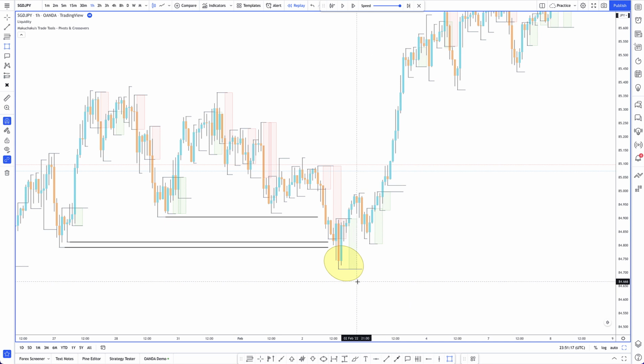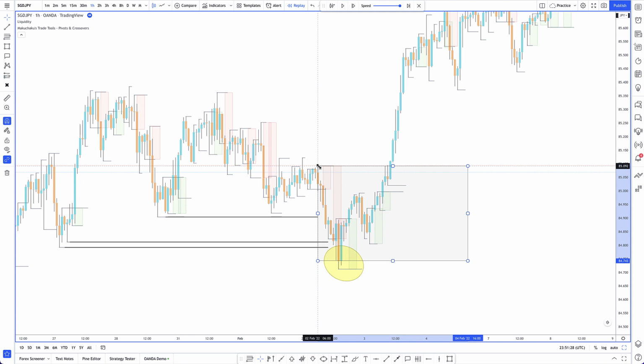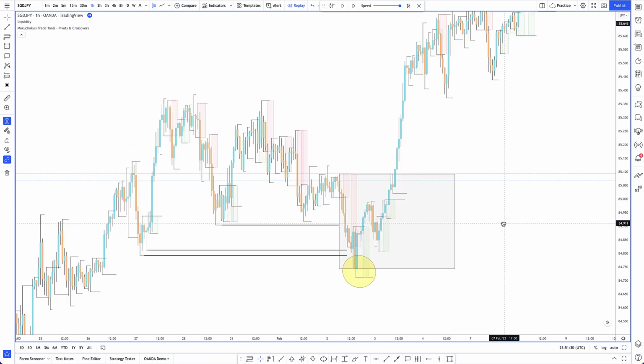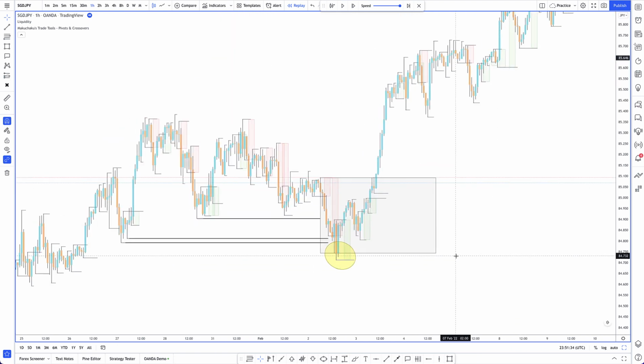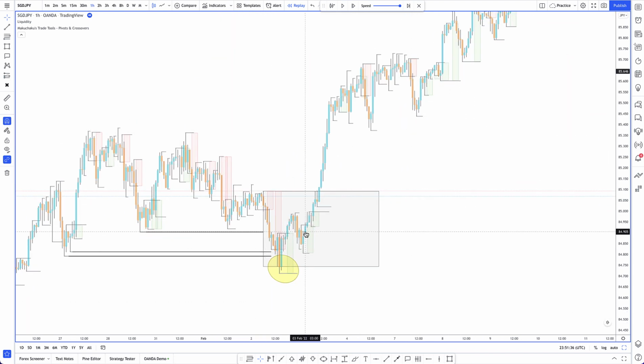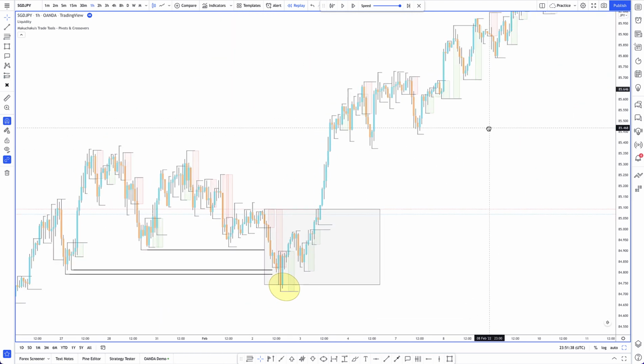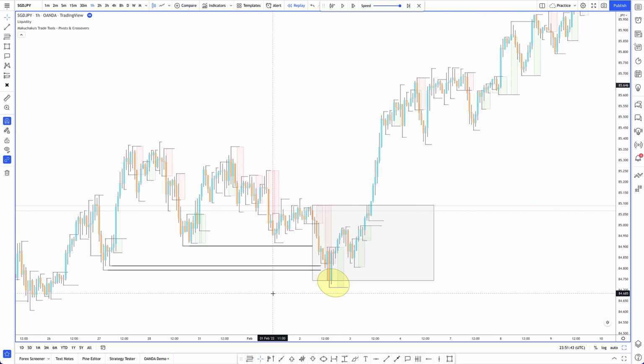The last red candle probably started somewhere here, or probably it was this one, and then see how it supported the price. Even if you would have taken this one, you'd have seen how it supported the price from there on. The price hasn't reached there yet, but it was the bottom of this move, and then price just went up. You could have bought it anywhere in this. So this is the breaker concept.